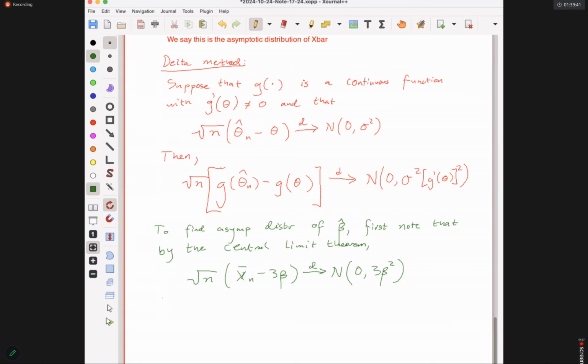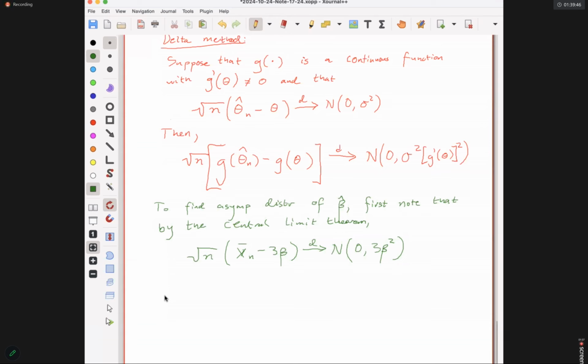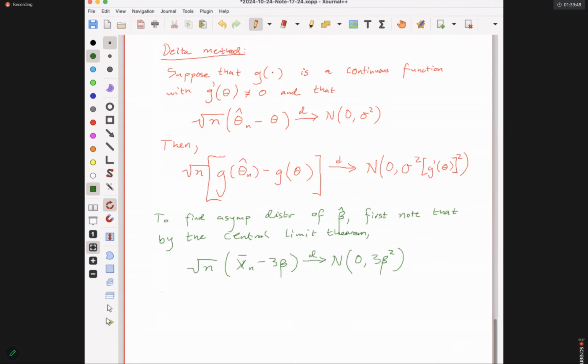So we'll use the delta method for this, with g of x equal to x over 3.